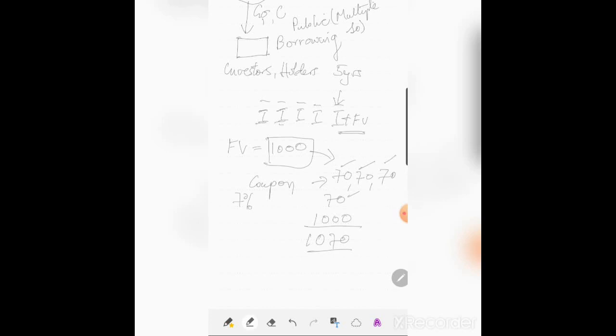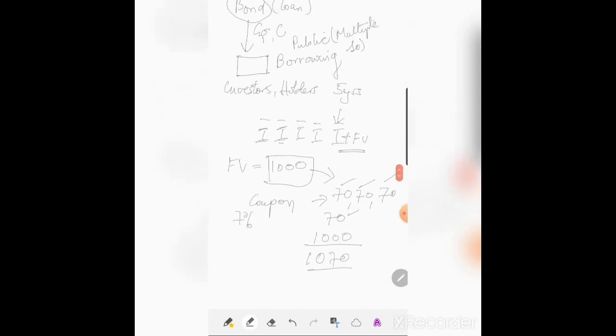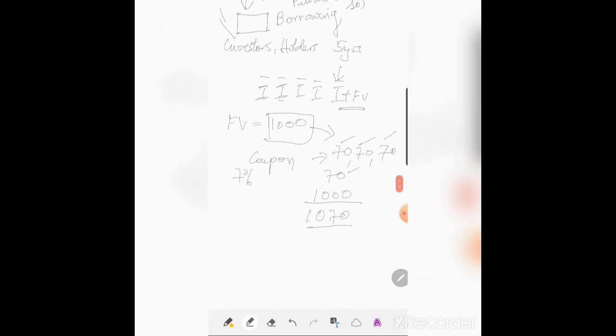Whereas when it comes to outflow, it is whatever is being paid to purchase that bond, whatever the investor is giving to the company, or whatever price the bond is bought at. Let's say you buy this bond at 975.